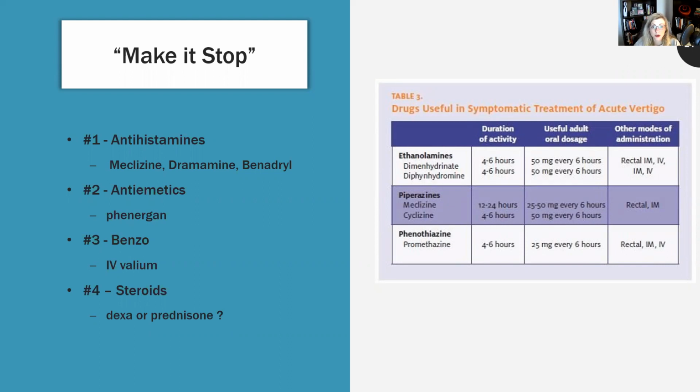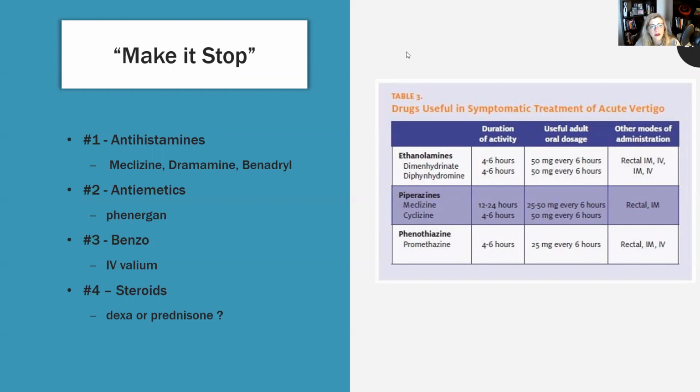Meclizine is often prescribed for dizziness specifically. The brand name of Meclizine is Antivert. Dramamine is the next medicine that's usually used, and Dramamine is used for seasickness, so you can see how it would help with that abnormal movement. Only if absolutely necessary should you be using Benadryl, because we don't want to make these people sleep all day long.